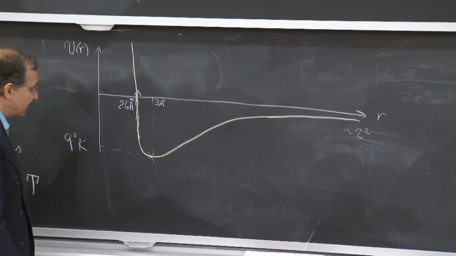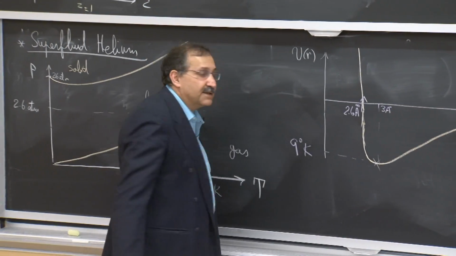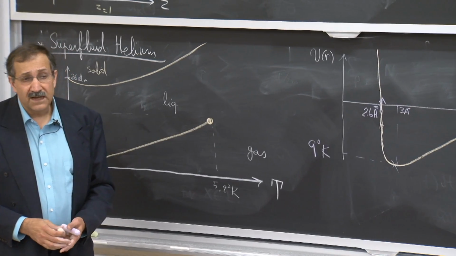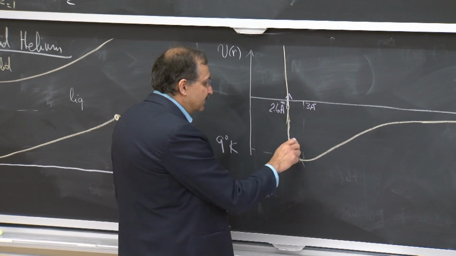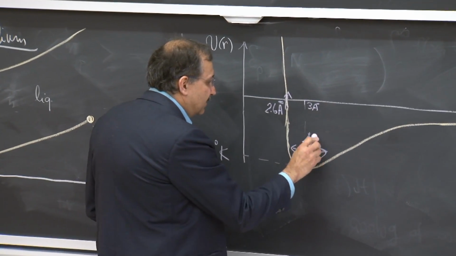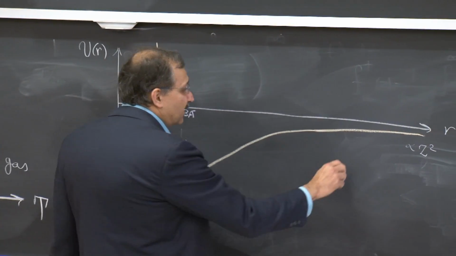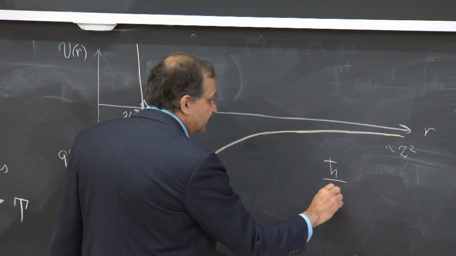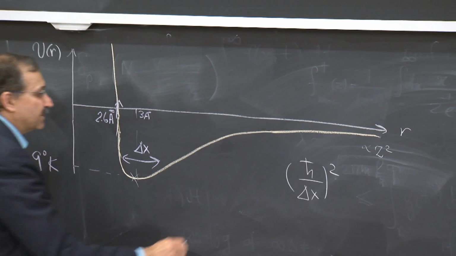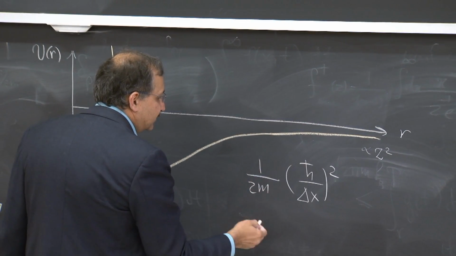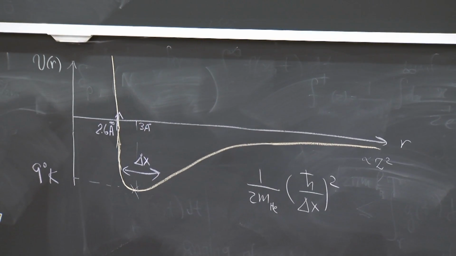Because you can say that really I cannot specify exactly where the particles are because that would violate quantum mechanics. There has to be some uncertainty delta x. And associated with delta x, there is going to be some kind of a typical momentum, which is h bar over delta x. And there will be some contribution to the kinetic energy of particles due to this uncertainty in delta x that is of this form.